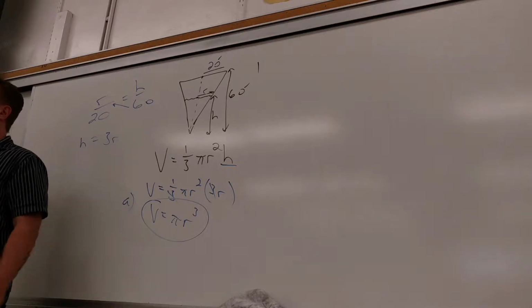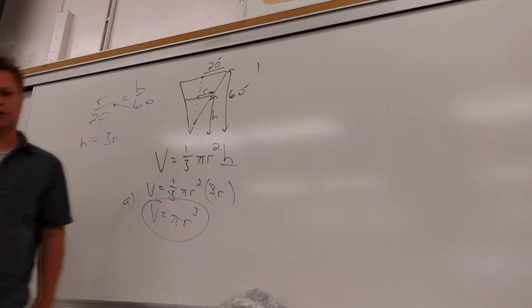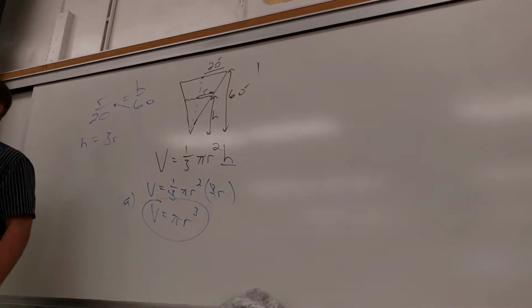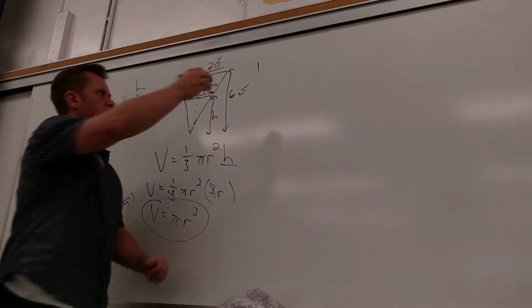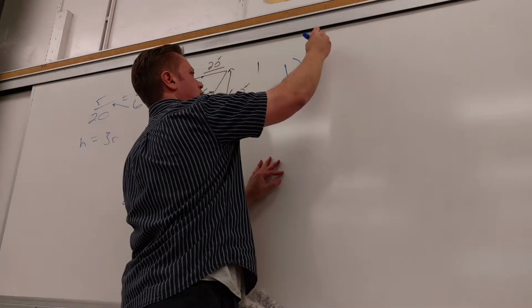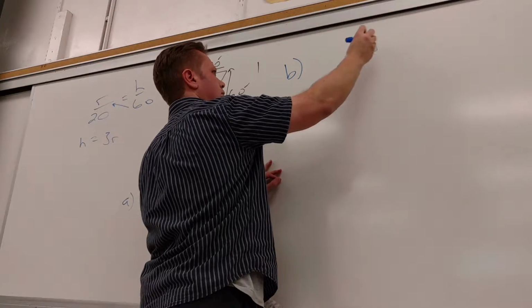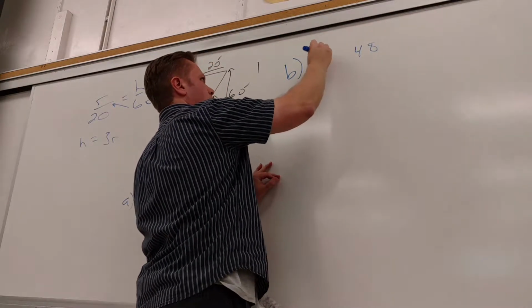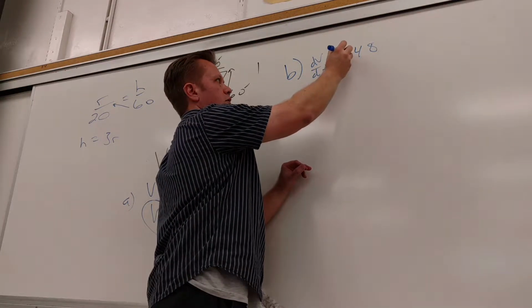Yeah, it's crazy. So part B talks about at what rate is the radius shrinking when the radius is 16 feet. So I'm draining this tank, right? So what do I know? What does the problem tell me? It tells me that the 48 is dV/dt. And what's not quite right about this? It should be negative.